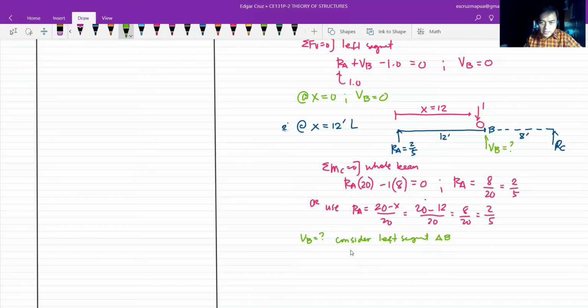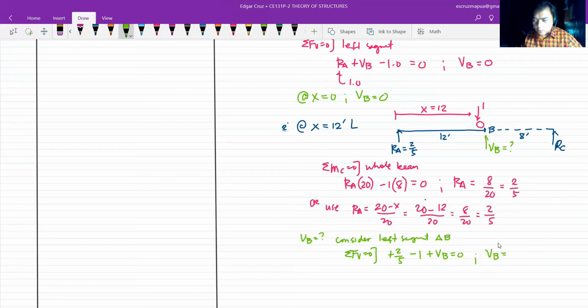Di summation forces tayo, vertical. Forces vertical equal to 0. Let's say RA pataas, so positive 2 over 5. Tapos yung unit load pababa, minus 1. Tapos I assume yung shear sa B na pataas. So that would be plus shear sa B equal 0. So therefore, masasolve na natin yung shear sa B dyan.